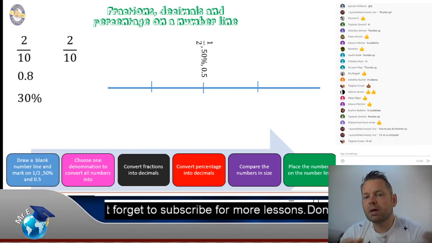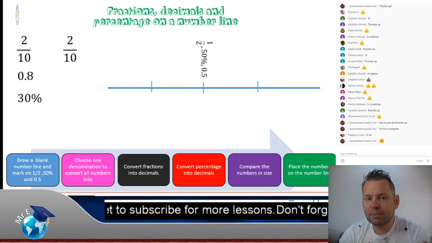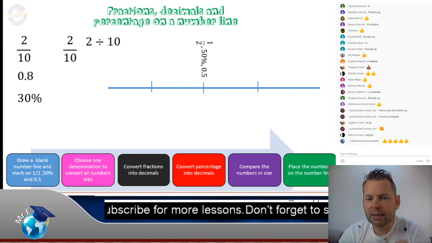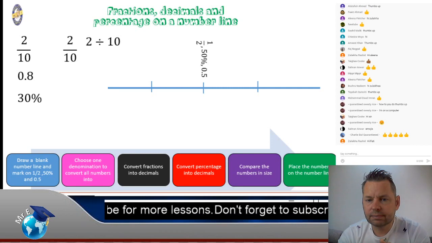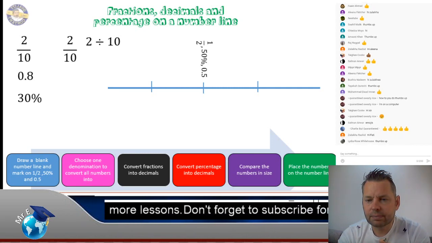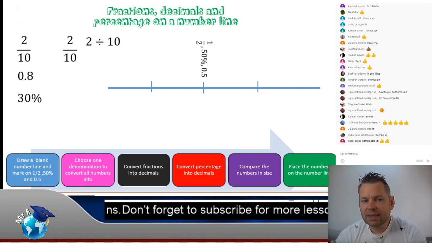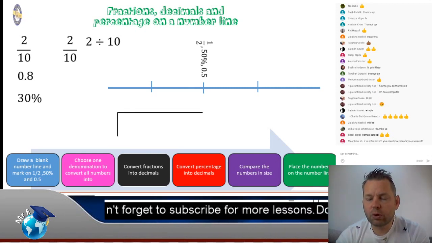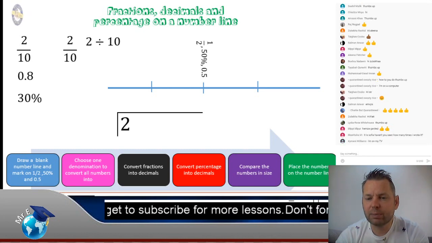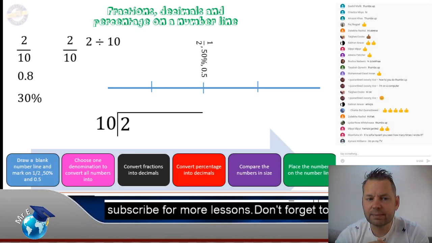Now, as we already know, 2/10 means 2 divided by 10. So I'm going to work this out exactly how I have worked it out this week. I'm going to draw my bus stop. I'm going to put 2 in the bus stop and 10 on the outside.